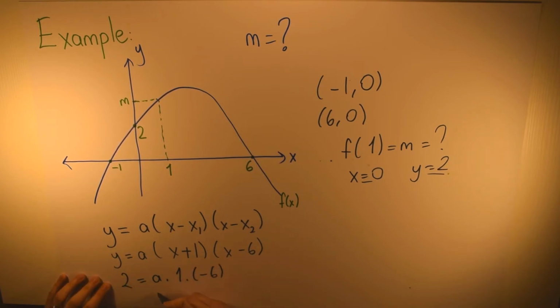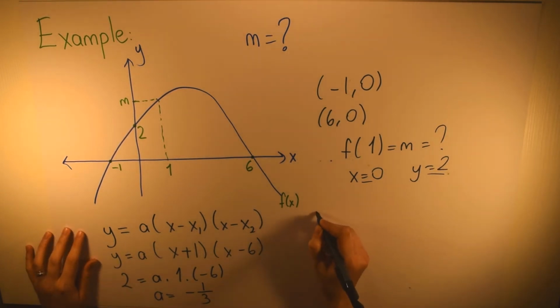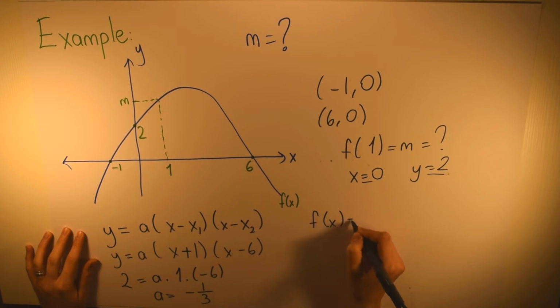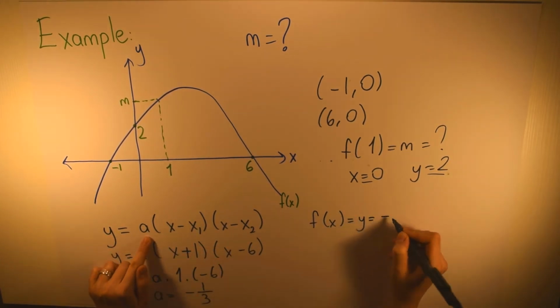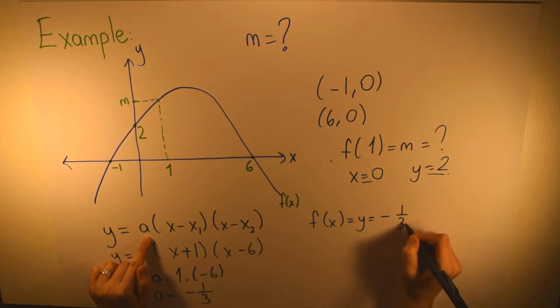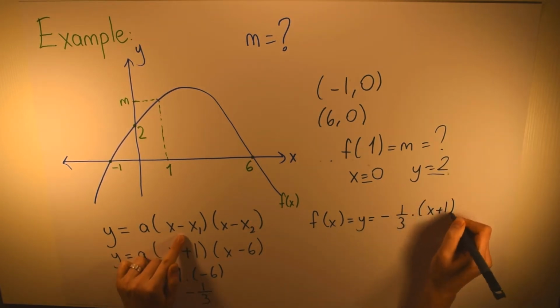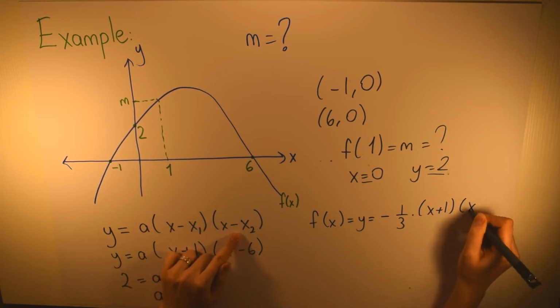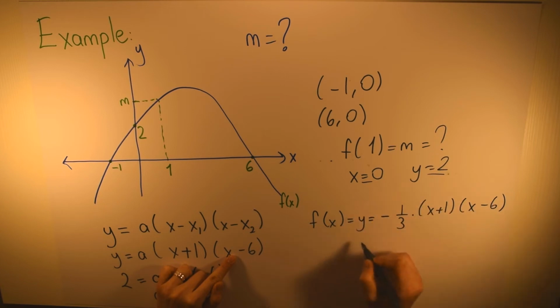So from here, a is equal to minus 1 over 3. So after this, I will be able to write my equation, which is f(x), equal to y, which is equal to minus 1 over 3 times (x plus 1) times (x minus 6). Okay, this is our equation.